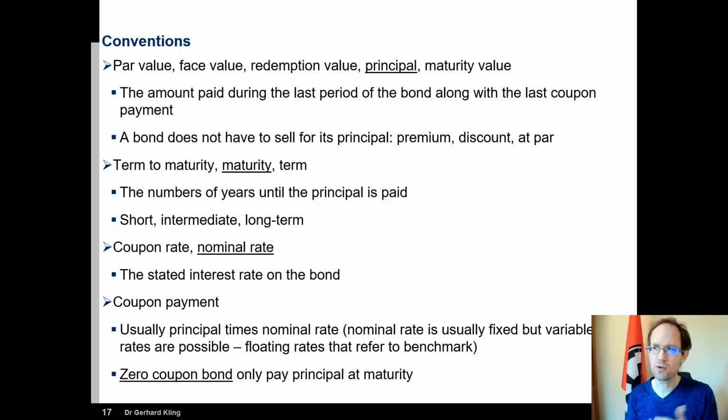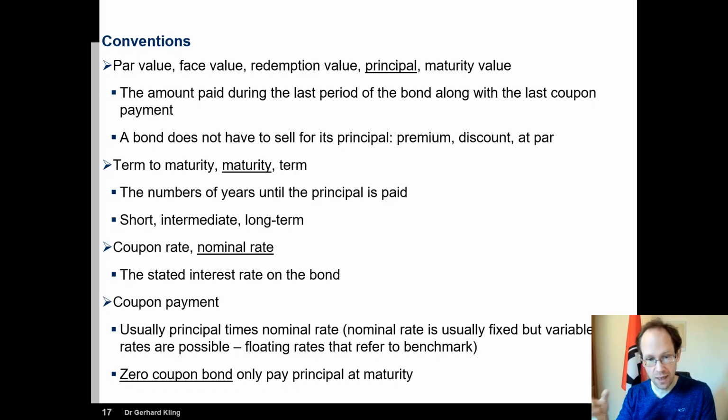So, for instance, a zero coupon bond might sell at, say, £80 for a par value of maybe £100 in 1 year's time. That means that you spend 80 now to buy this bond, you get 100 at the end of it, so after 1 year.